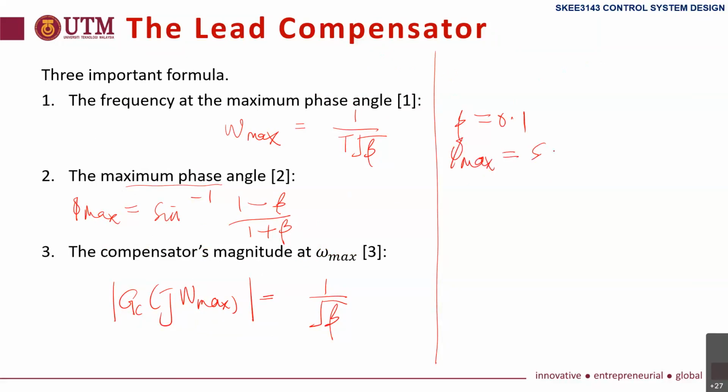Phi max is sine inverse of 1 minus 0.1 over 1 plus 0.1.